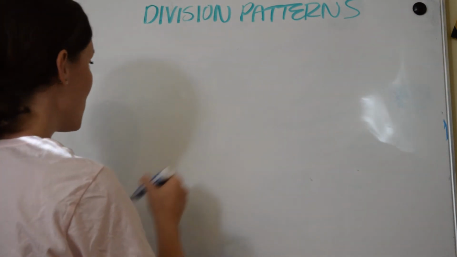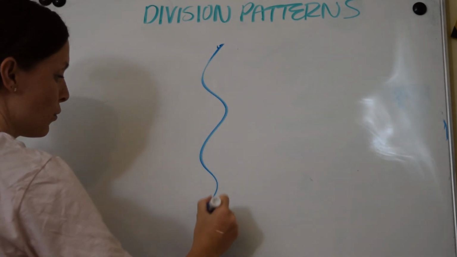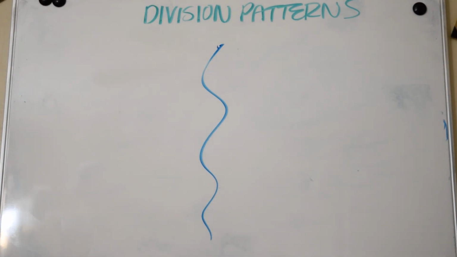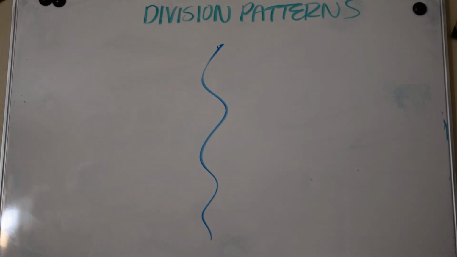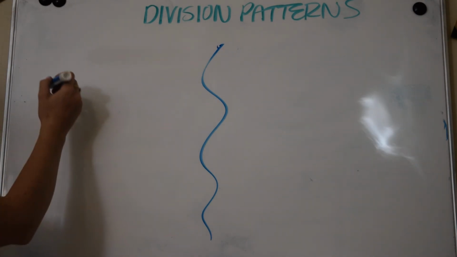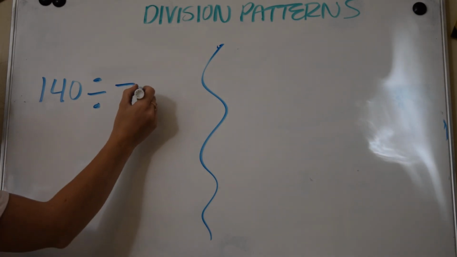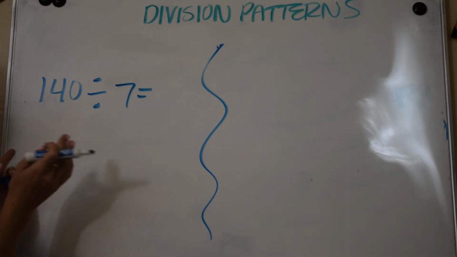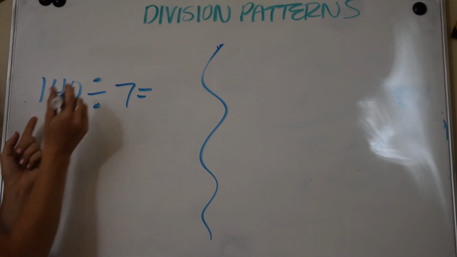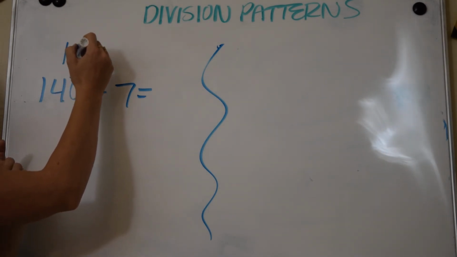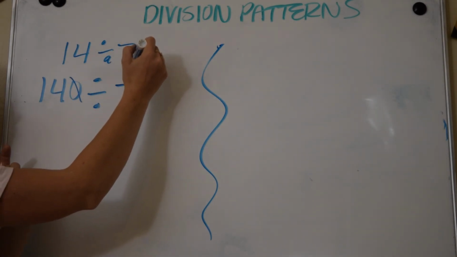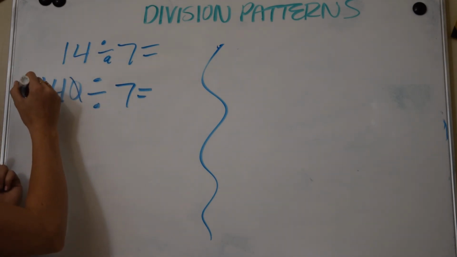So let's say your book asks you to solve two different problems. What if it wanted you to do 140 divided by 7? Let's do that one first. So we only have a 0 in the dividend, so take it away and just do the basic math fact in order to figure out what the problem is, right?